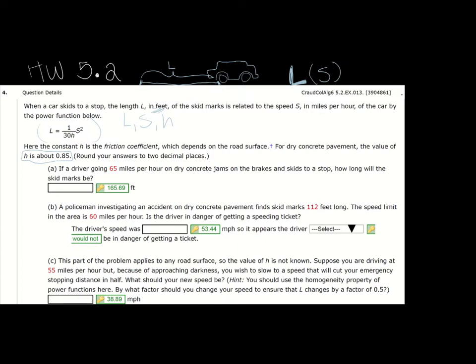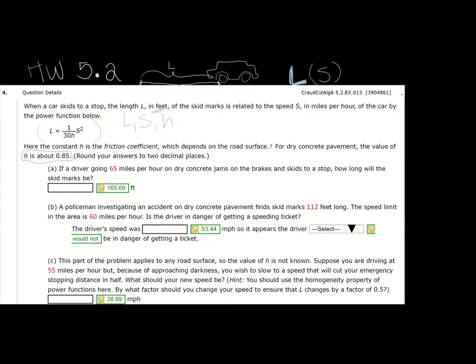The friction coefficient comes up in a Physics 1 course. The friction coefficient depends on the road surface and the conditions that you're driving in. So if you have dry concrete that you're driving across, the friction coefficient, which is sort of gripping your tires, is about 0.85.